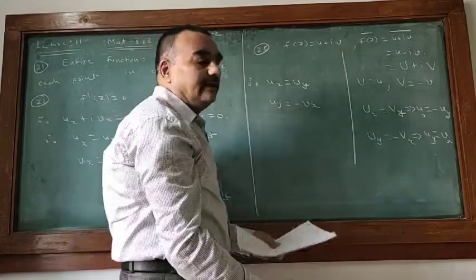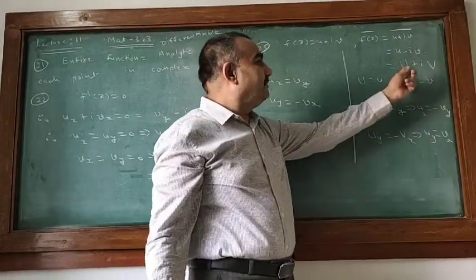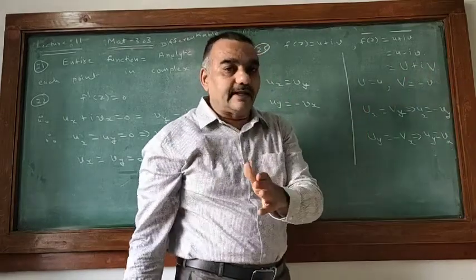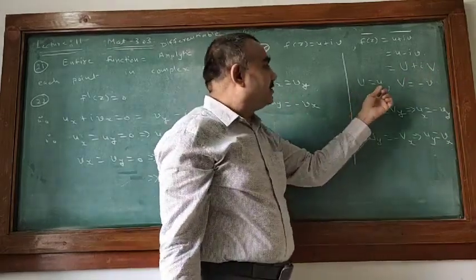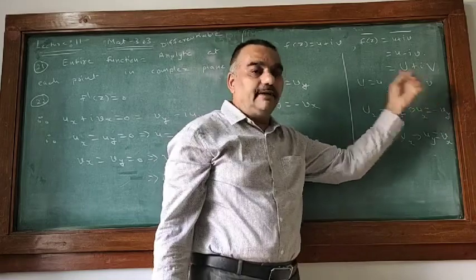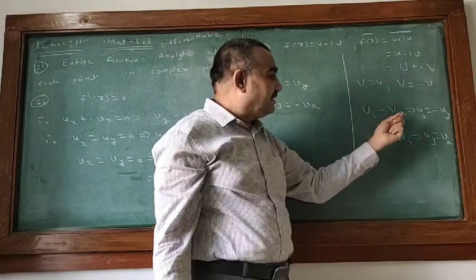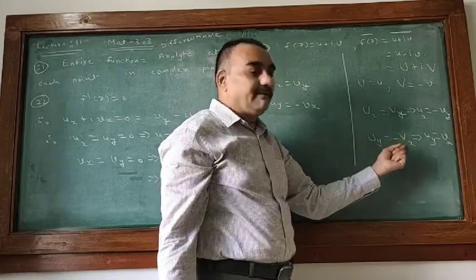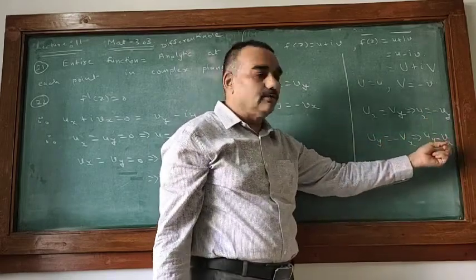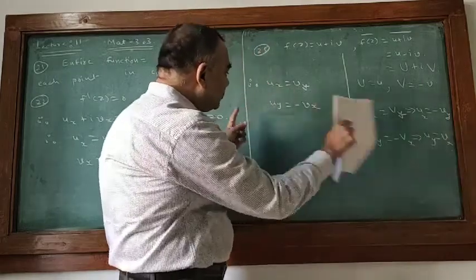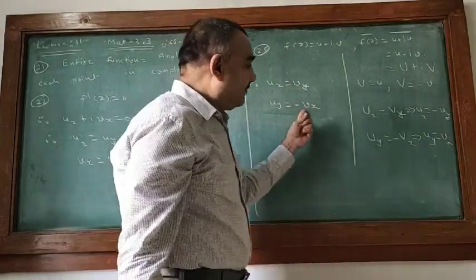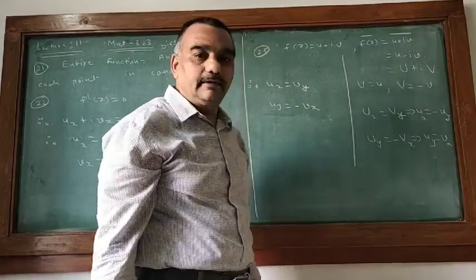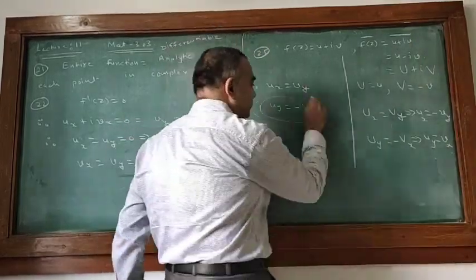On the other side, if I say this is equal to capital U plus i capital V, that means capital U is small u, capital V is minus v. Ux is vy, means ux is equal to minus vy, and uy is minus vx, and therefore uy equal to small vx. If you compare both these values, vx of the negative side and vx of the positive side are equal, and therefore vx is 0.